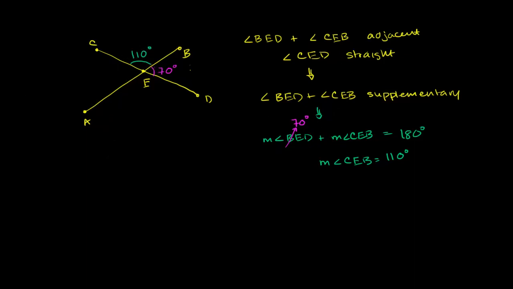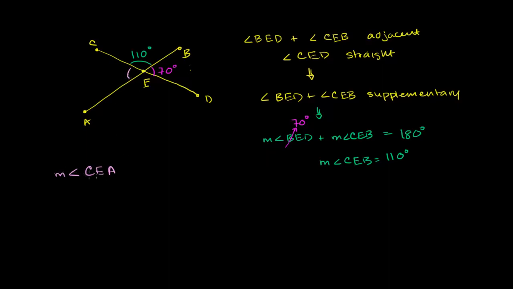So now let's use the same logic to figure out what angle CEA is. Angle CEA and angle CEB are adjacent. They form a straight angle if you look at their outsides, so they must be supplementary and add up to 180 degrees.